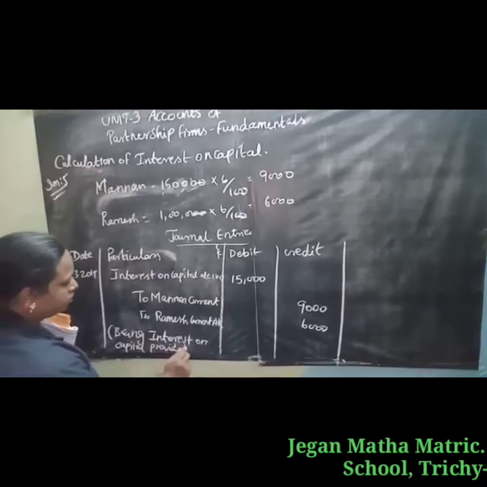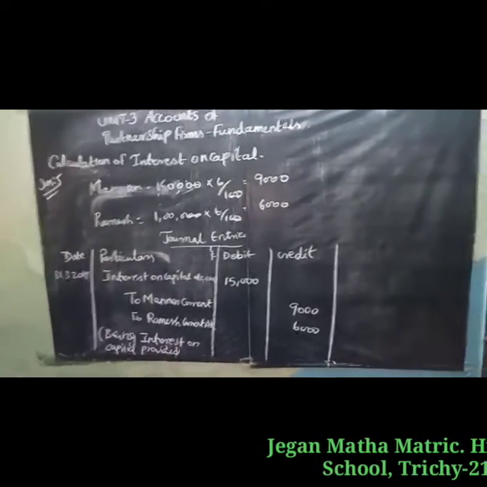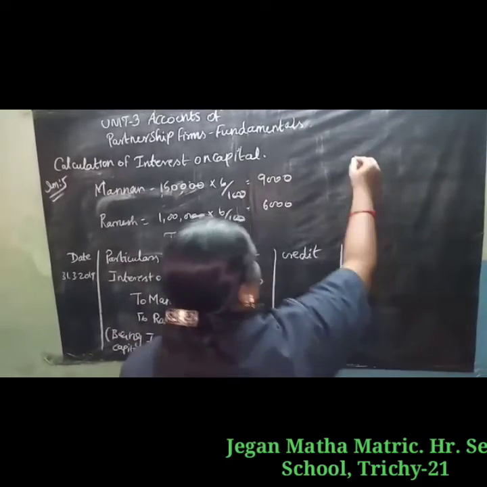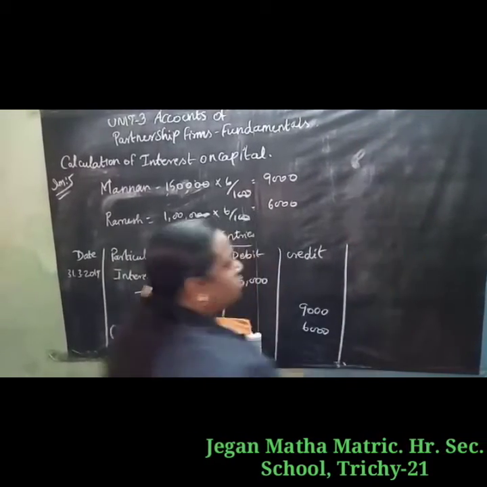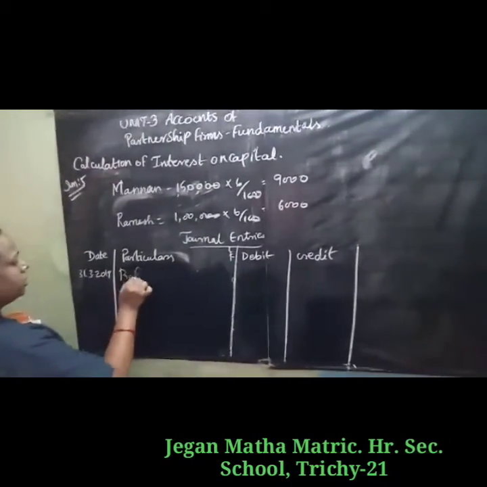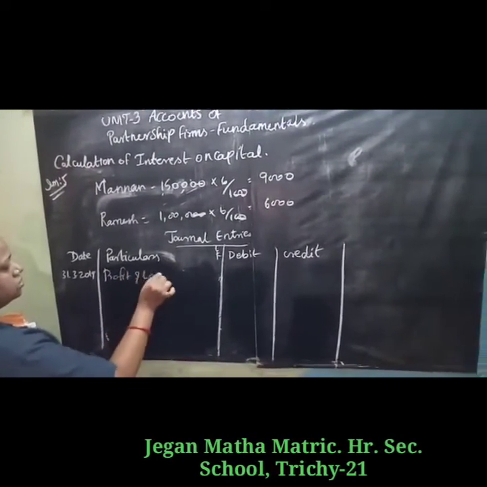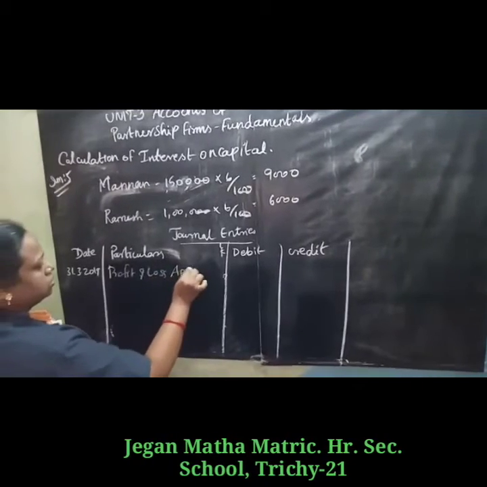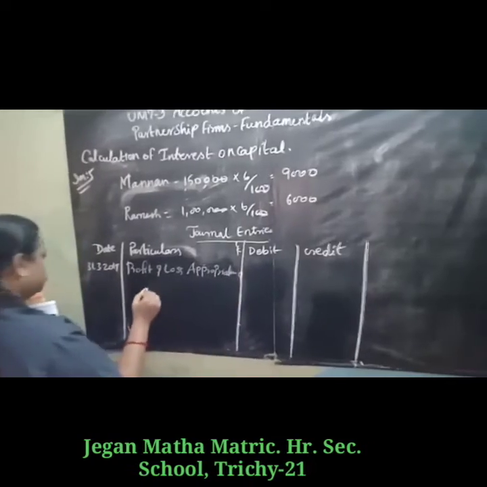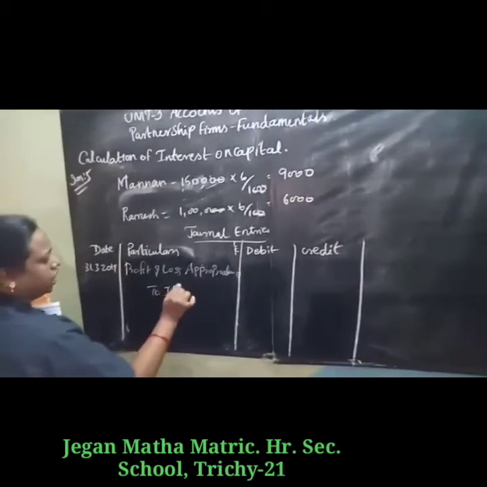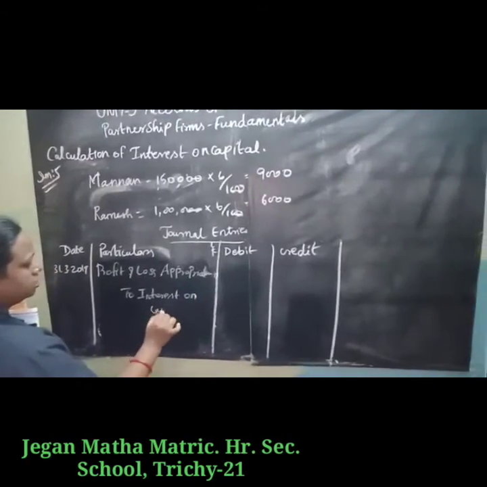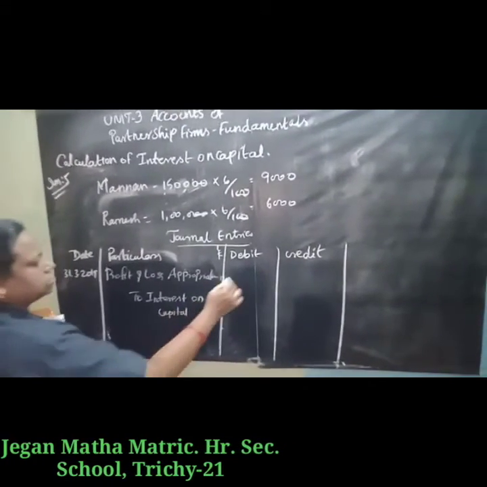We have to write the transfer entry. So transfer entry: profit and loss appropriation account debit, to interest on capital 15,000.